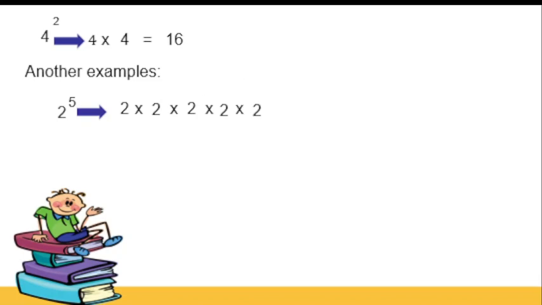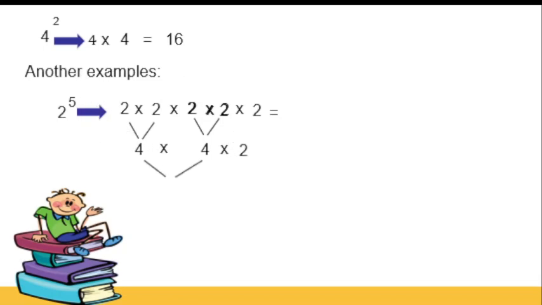Okay, so for you not to make an error in multiplying this, let us multiply first the first two numbers. So we have 2 and 2 is equals to 4, and the 2 and 2 is equals to 4, and then bring down times 2, and then multiply again the 4 and 4.